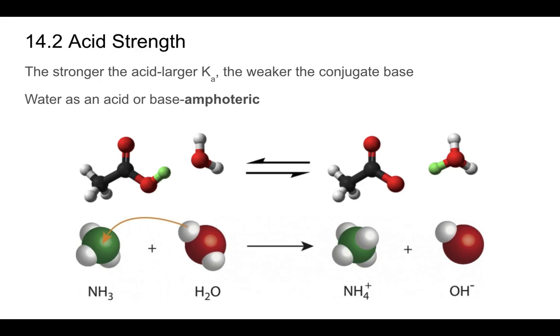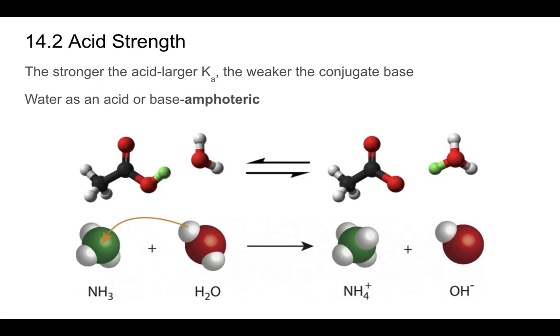In the reverse reaction, the base is accepting the proton. And so if your acid really wants to get rid of the proton, then the conjugate base of it really doesn't want to gain that proton. So the stronger your acid, the stronger the tendency for the acid to give up the proton, the weaker the tendency for its conjugate base to accept that proton back.